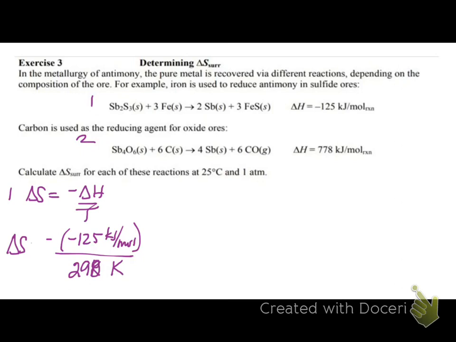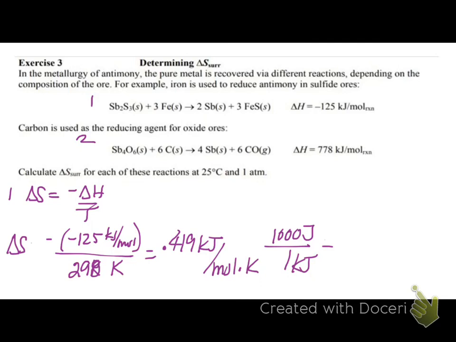So we do all that math and we get 0.419 kilojoules per mole K, but we want to report in joules, so in 1 kilojoule, there are 1,000 joules.